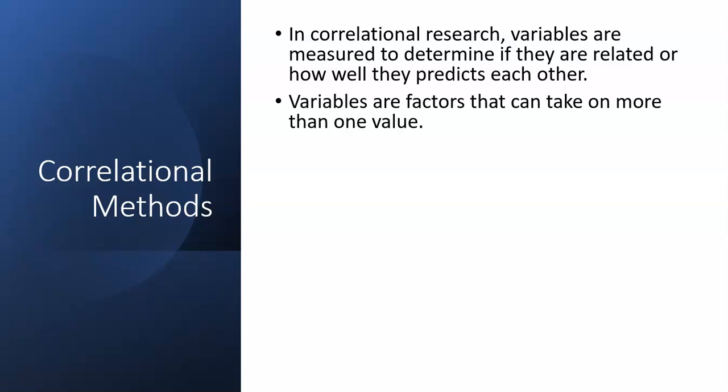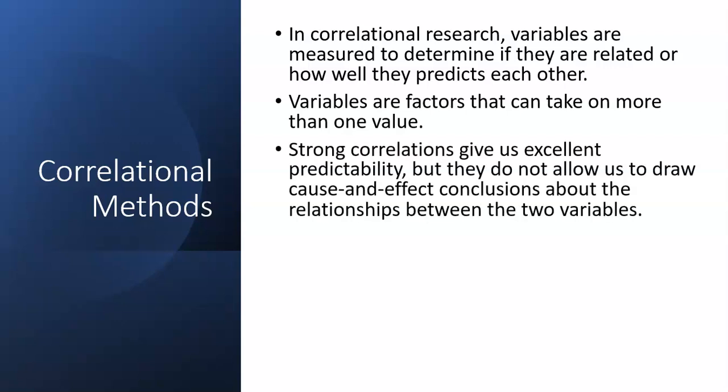So, either way, you're taking quantitative variables and using the degree to which they are related to help you understand their relationship. Strong correlations help us to understand predictions. So we can predict the value of one variable using the value of another.